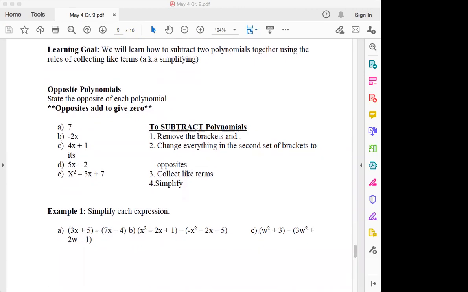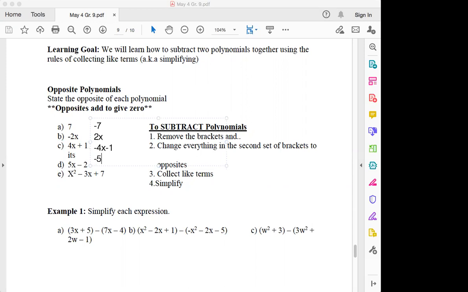So for example, if we look here, I'm going to type these guys. So it's asking you for the opposite polynomial. So that just means the opposite sign. So this would be -7. This would be just 2x. This would be -4x minus 1.